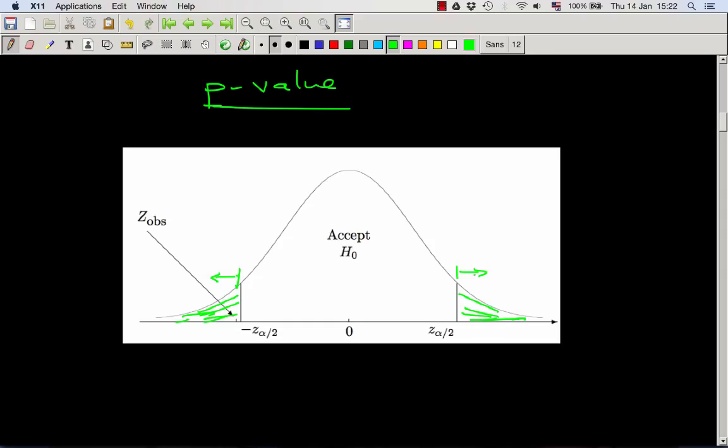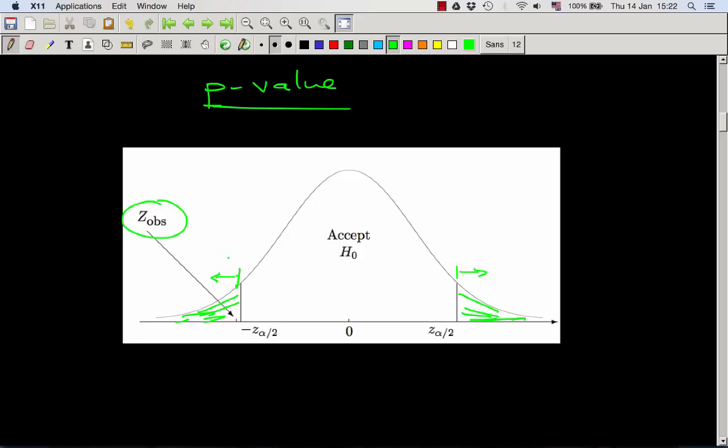So we can always move it so far that the value of the test statistic, when I insert the concrete data, which I call here z_obs, lies outside of the rejection region and inside of the acceptance region. You just need to choose the alpha small enough.